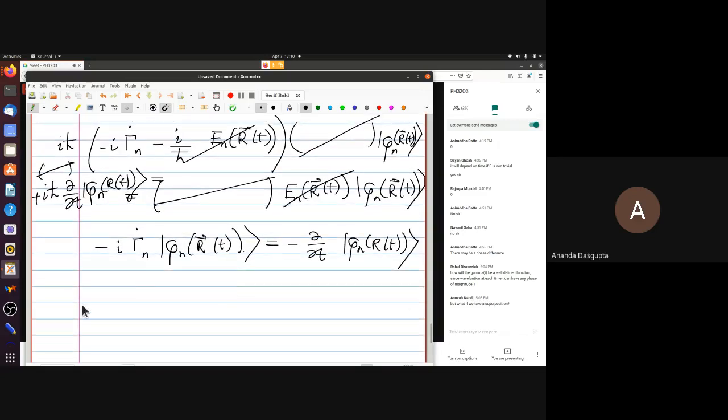Okay, and this immediately gives me a formula for gamma n dot, the rate at which the Berry phase changes with time. Simply take the overlap of this quantity with the bra phi n(R(t)), and you simply end up with, and move the i to the other side.